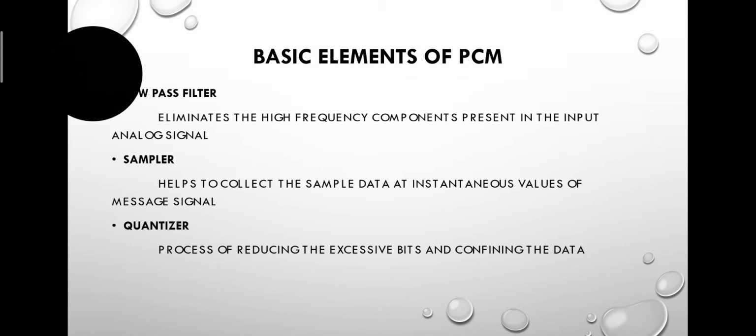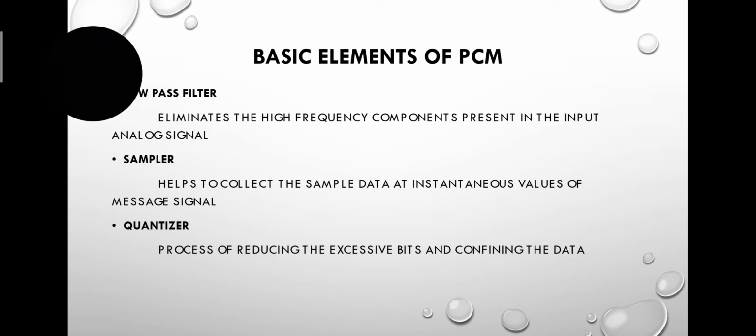Basic elements of PCM. The transmitter section of the pulse code modulator circuit consists of sampling, quantizing, and encoding, which are performed in the analog to digital converter section. The low pass filter prior to the sampling prevents aliasing of the message signal.